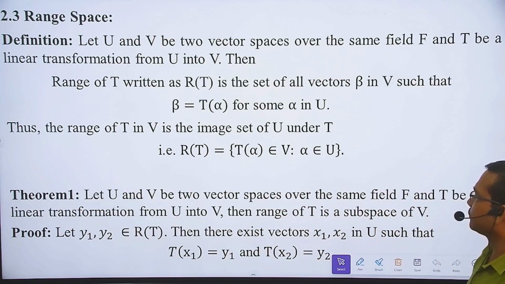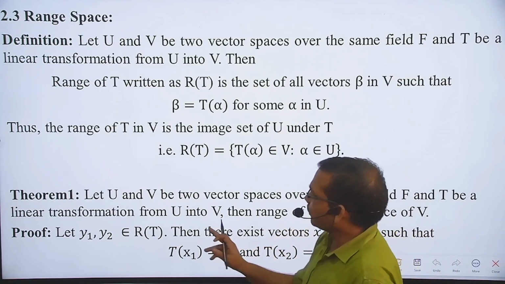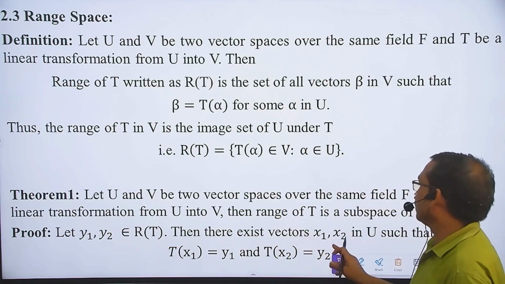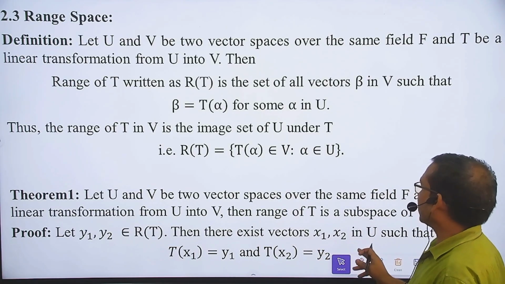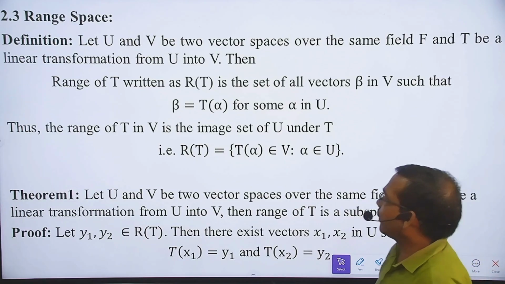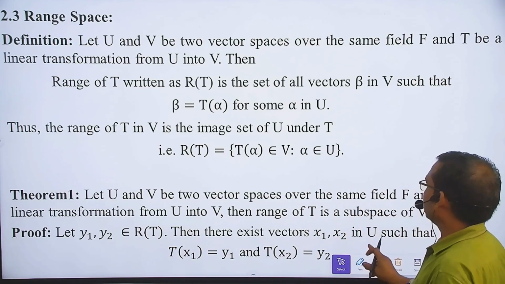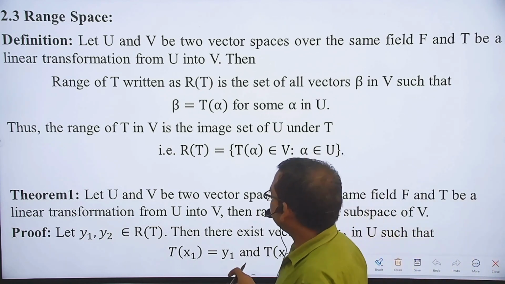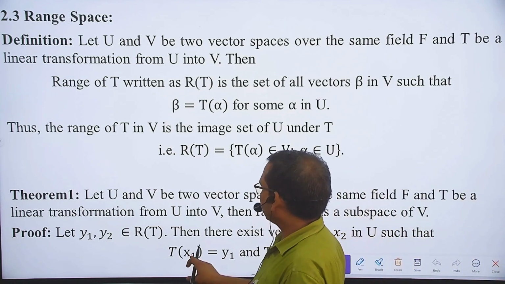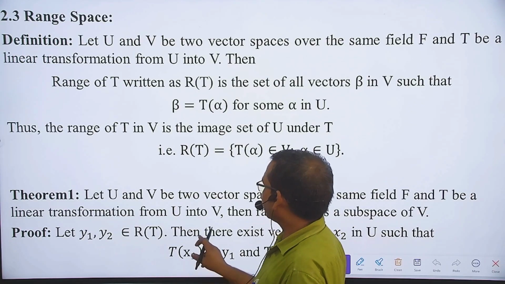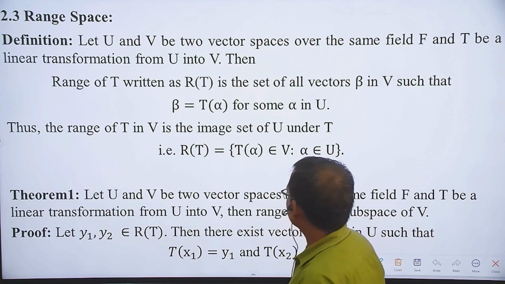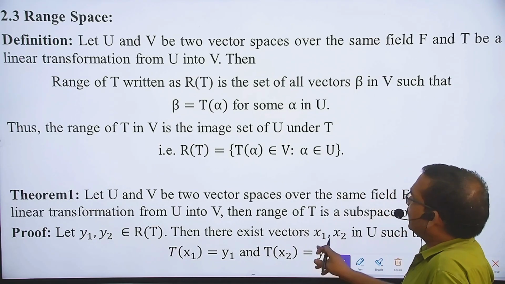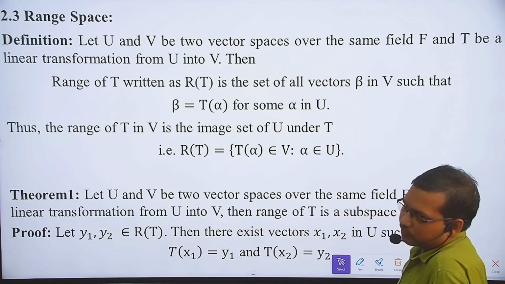Then if y1, y2 belong to the range space, there exist two vectors x1, x2 in U corresponding to these vectors y1, y2, such that y1 is the image of the vector x1 present in the domain U, and y2 is also the image of another vector present in U.